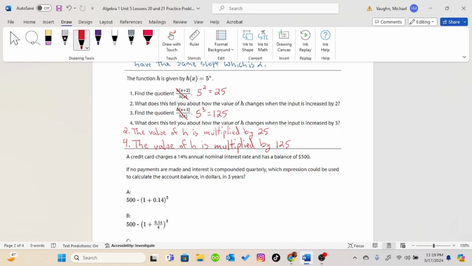And in number 3, no matter what value I've put in for x, and I have found my value of h of x, if I increase my exponent by 3, then I'm going to take that value, multiply it by 5, multiply it by 5 a second time, and then multiply it by 5 a third time. And that would be an increase of multiplying by 125.